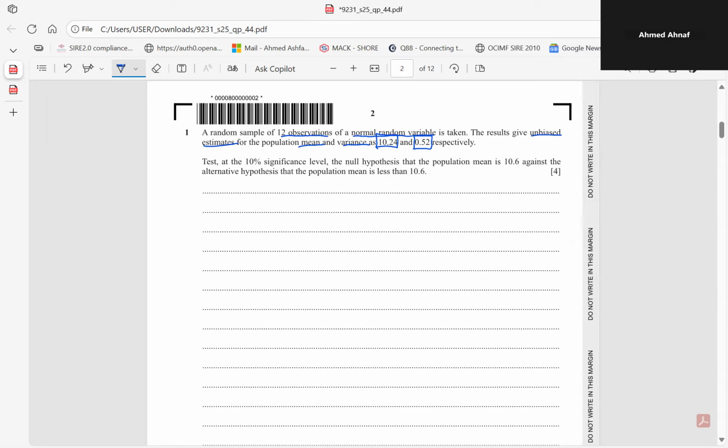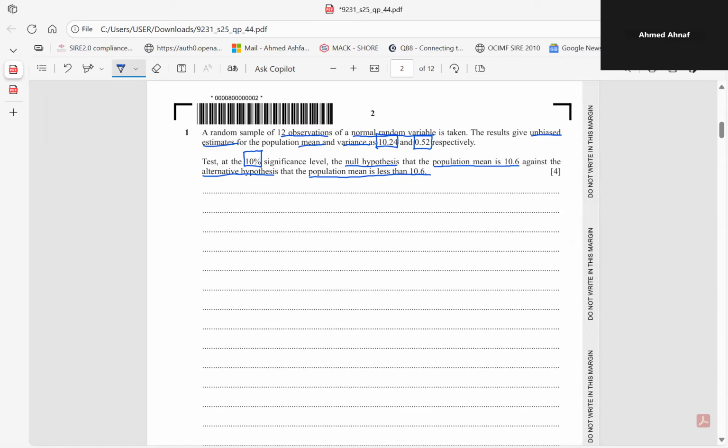The question tells us to test at the 10% significance level the null hypothesis that the population mean is 10.6 against the alternative hypothesis that the population mean is less than 10.6.